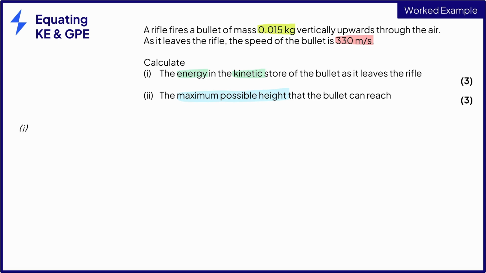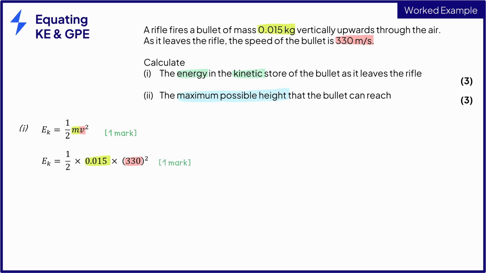So for part 1, to calculate the kinetic energy, we need to recall the kinetic energy equation, and that's the first mark. Then we substitute the known values into the equation. We have 1/2 times a mass of 0.015 kilograms times a speed of 330 meters per second, remembering to square the speed.